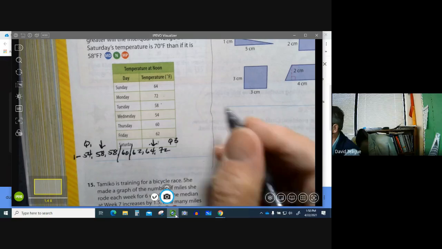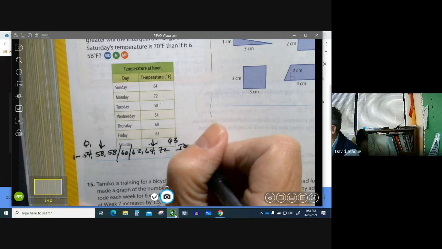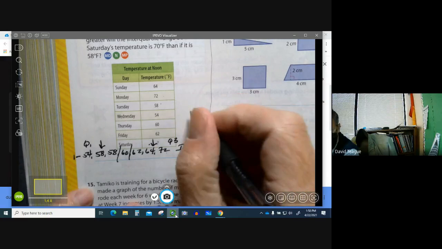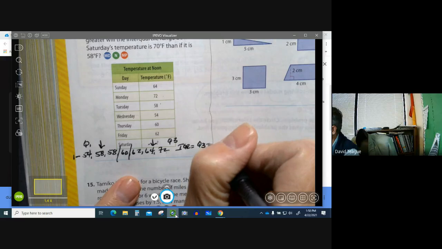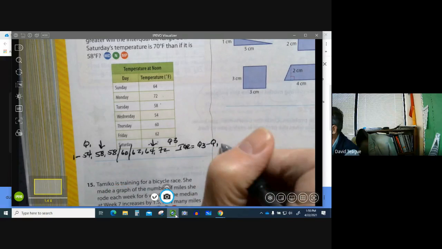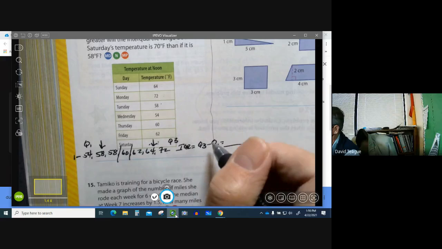So to find your interquartile range, IQR is equal to your Q3 minus your Q1.